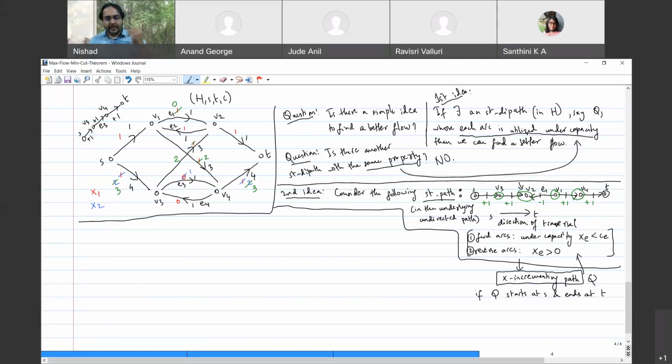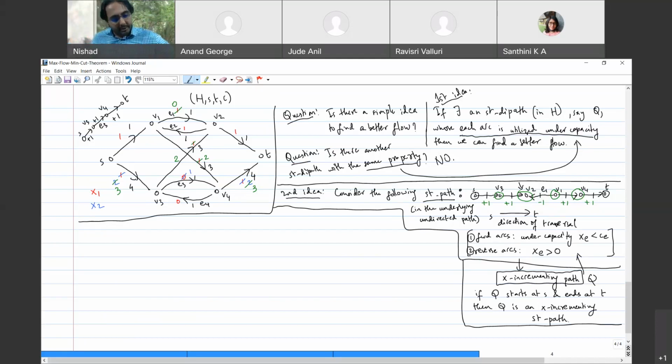So that is why we need to specify where it is starting and where it is ending. Then Q is an x incrementing ST path. Okay. And the point is, whenever you can find an x incrementing ST path, you can improve your flow. You can find a better flow by doing the trick that we just did. All right. Are there any questions or concerns at this point?